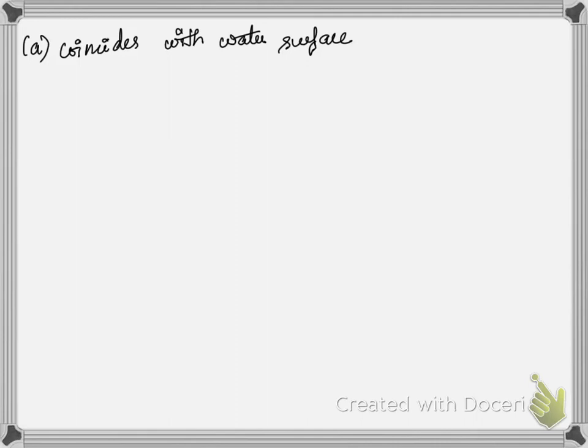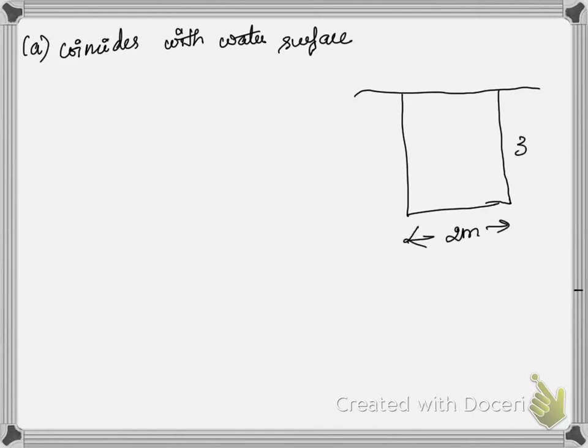So it means you have a free water surface here and a rectangular plane surface. You can draw a rectangular plane surface which is 2 meter wide and 3 meter deep, and this is the free water surface.